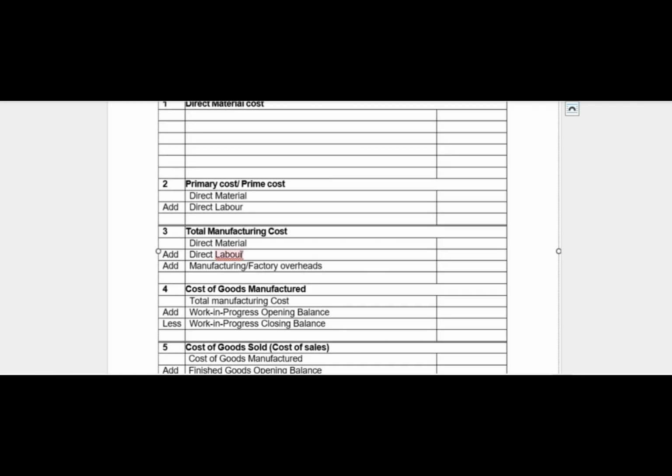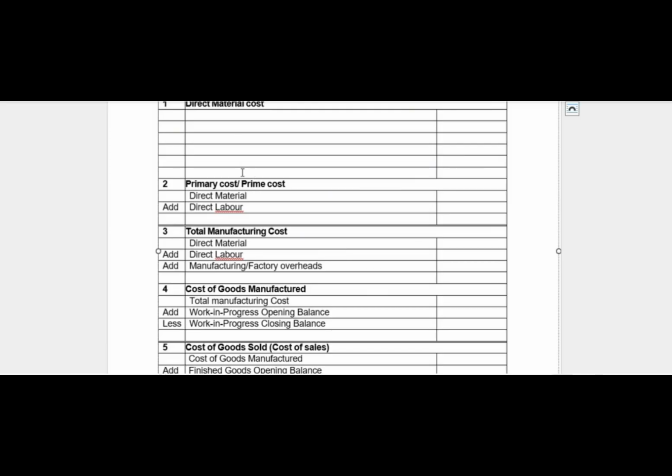The two make primary cost, and then you add manufacturing or factory overheads, and you get your total manufacturing cost. Therefore, there is no total manufacturing cost without primary cost.